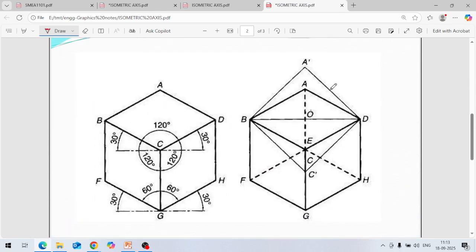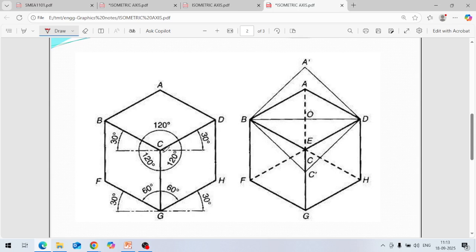If you see here in this figure, C is the point from where there are three lines at 120 degrees apart. These three lines are isometric axes.